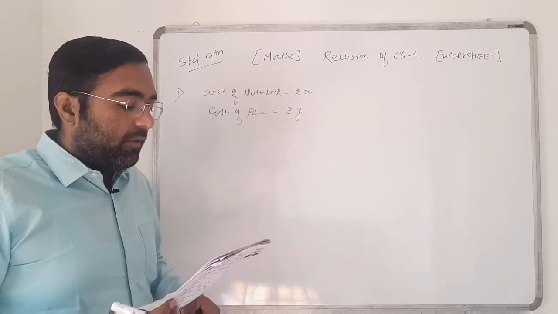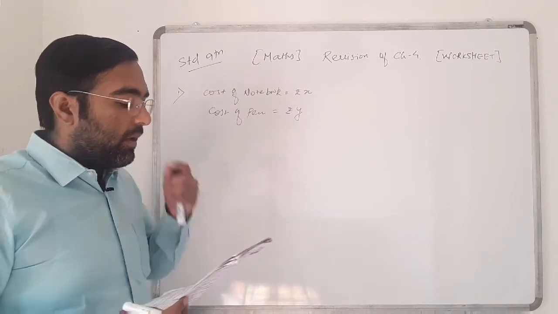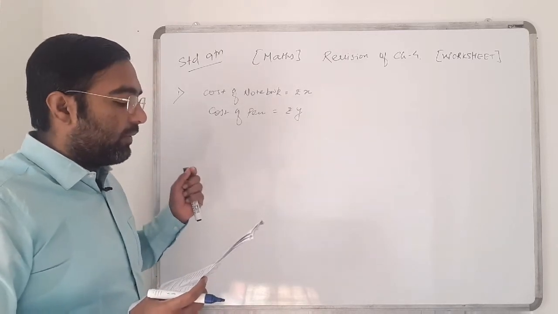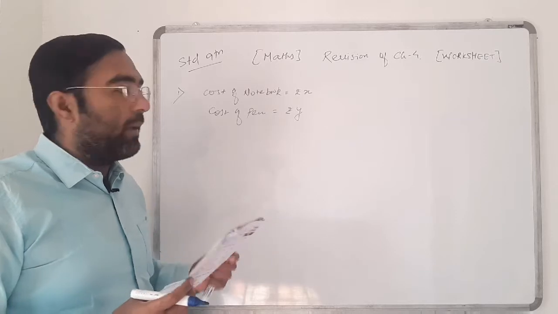Now we should form the linear equation in two variables and represent it as per the statement, that is, the cost of the notebook is twice the cost of the pen.